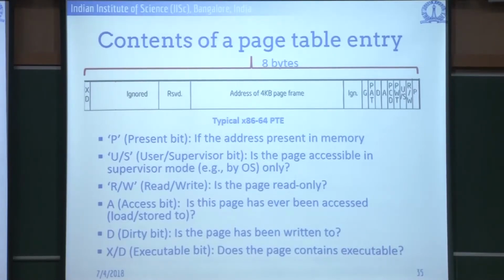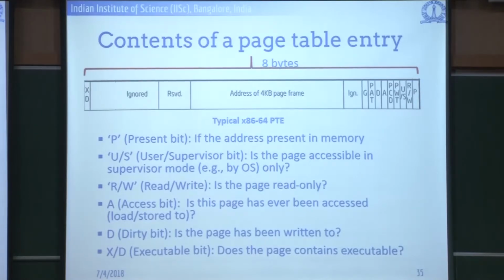I've actually copied it from the Intel manual. A few of the things I'll disregard for time. First is this address of the 4 kilobyte page frame. This is essentially the page frame number. Then there are a few important bits I should point out. In the corner you see the P bit.